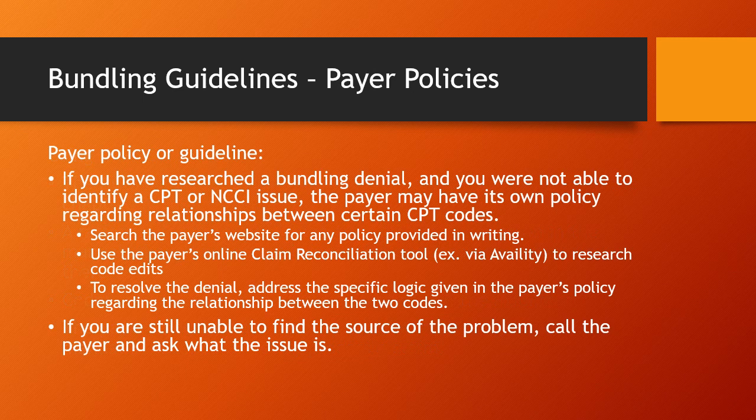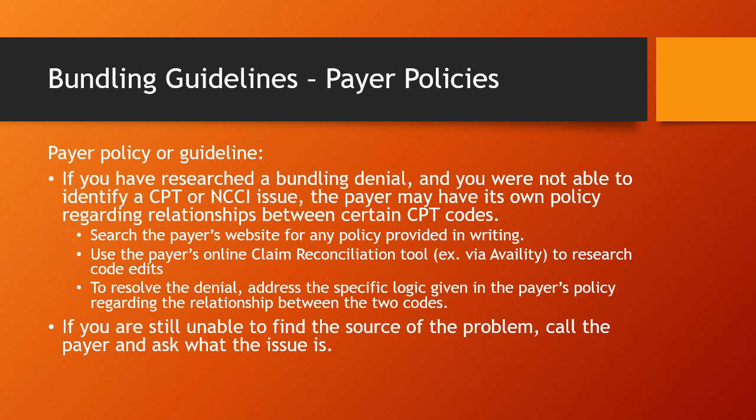Okay, so next we need to talk about payer policies and guidelines. Usually when you're looking at this kind of an issue, it's because you've already looked at all of the CPT information, you've already done your NCCI check, you've sent in a claim that you thought was okay, and now you're getting something back from the insurance company saying that they believe you're unbundling codes inappropriately.